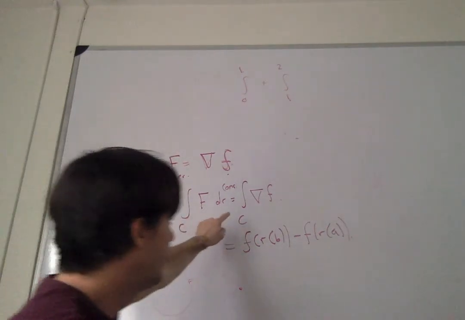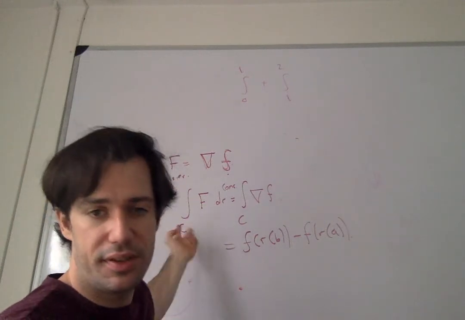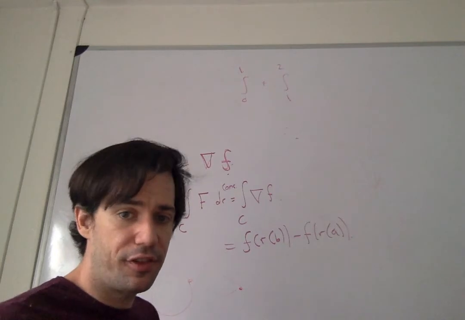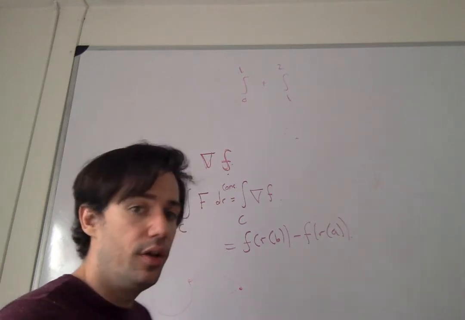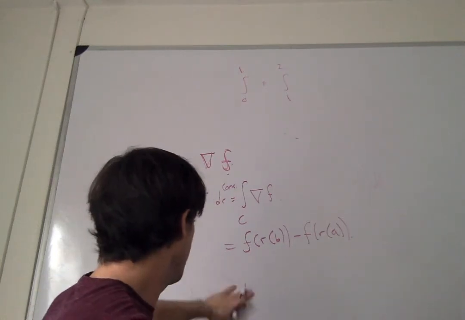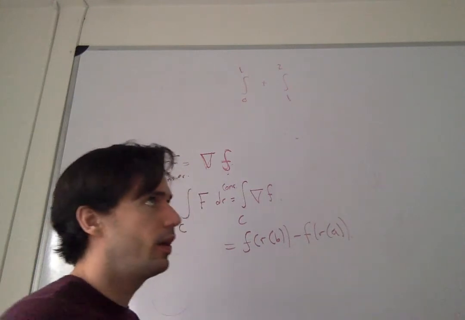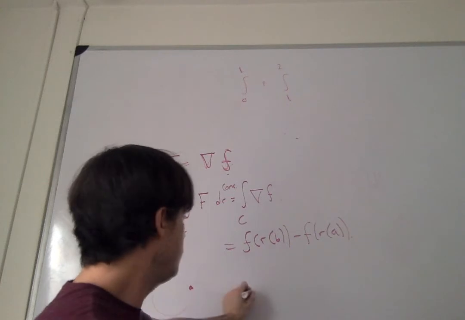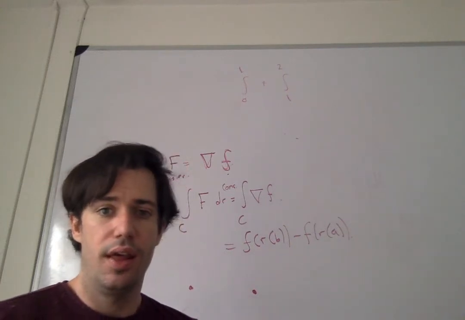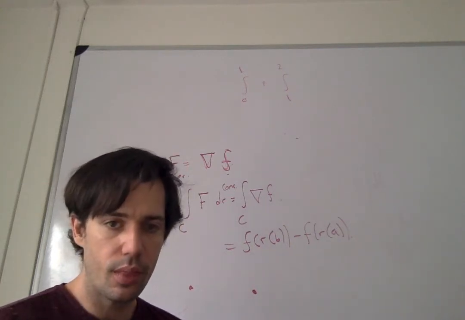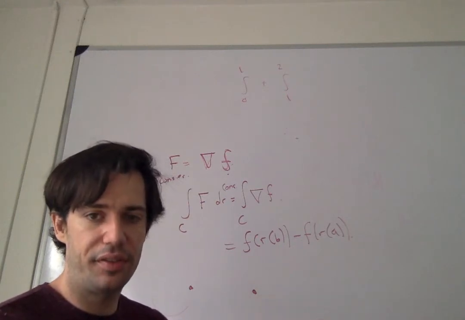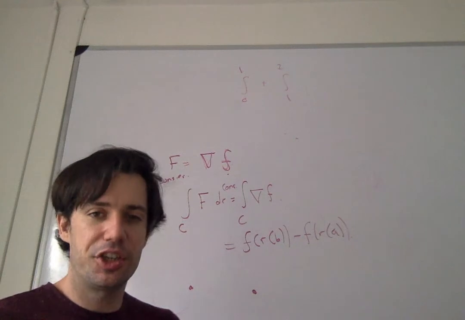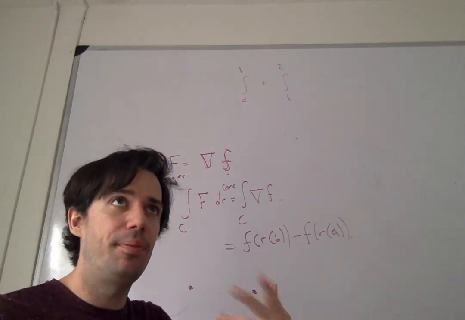Well, let's look at it. Here I have this curve C. Now, suppose I give you a different curve that also has the same starting and end points, right? So we're trying to show that this is going to be independent of path.